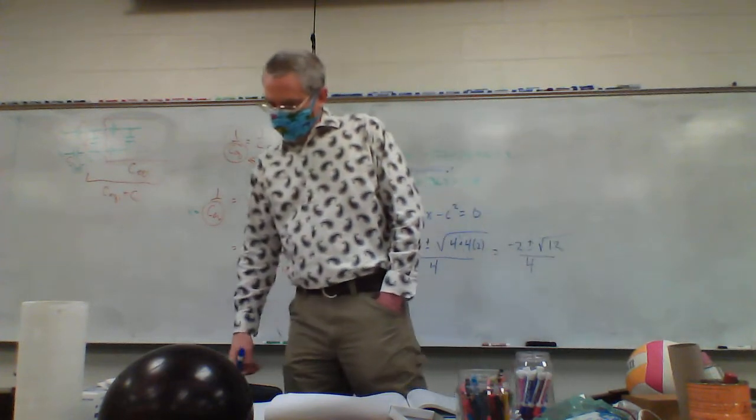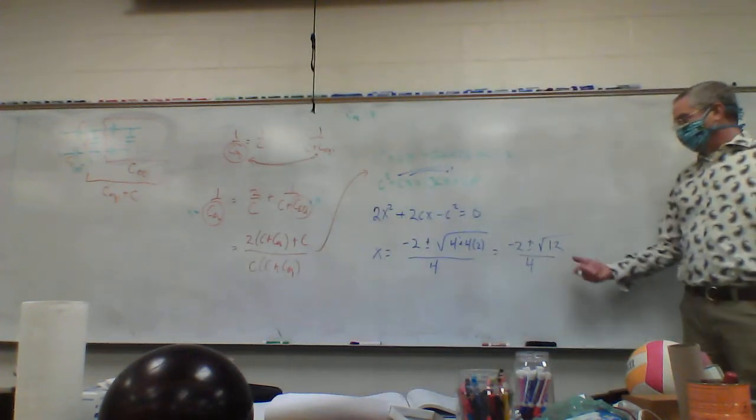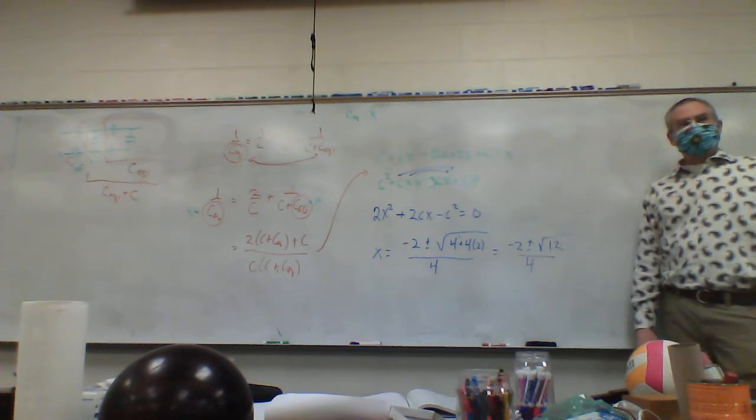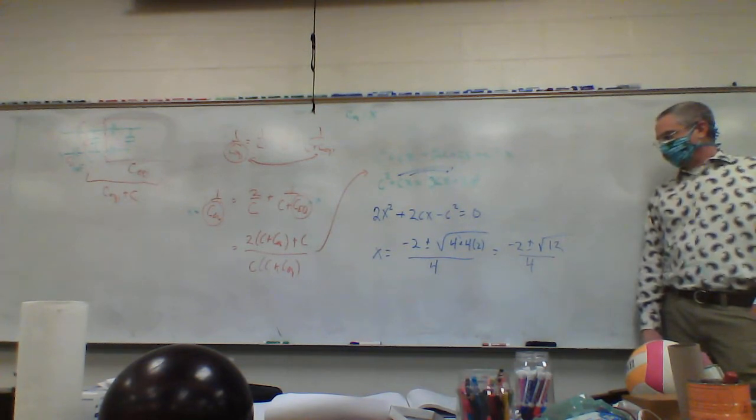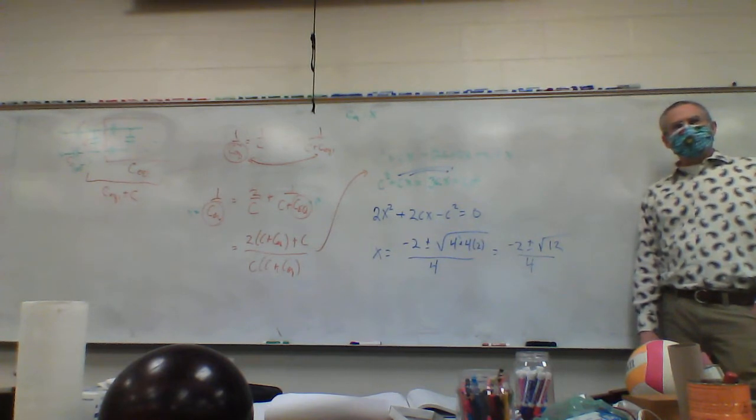Which value would you take? As in, would I accept that as an answer? No, it's going to get two values, right? So we'll have a positive value and a negative value. You should never have a negative equivalent capacitance. So take the positive one.